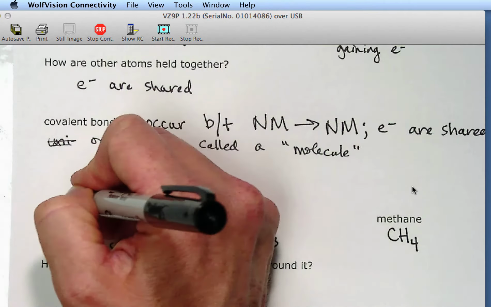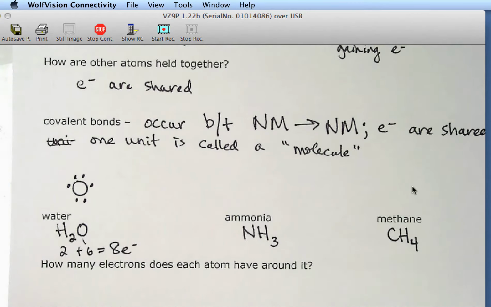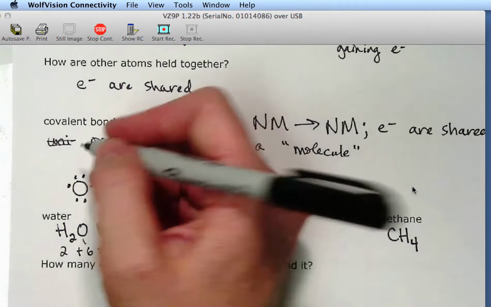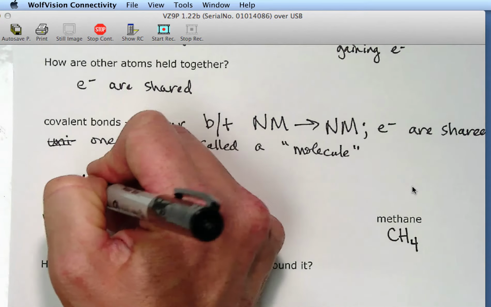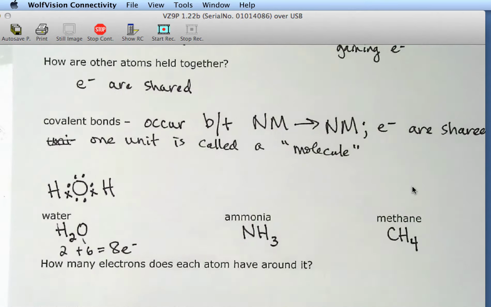Oxygen has 6 valence electrons. Does it have an octet yet? No. However, if it becomes friends with hydrogen, and hydrogen says, hey, I really like you, I want to share my electron with you. And oxygen says, hey, that's great, I can have an octet if I get 2 hydrogen friends.